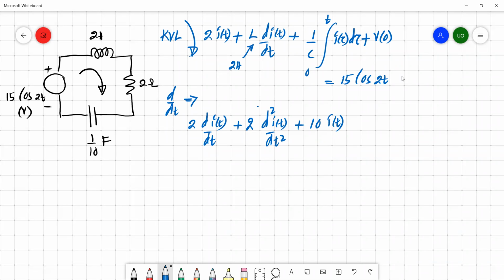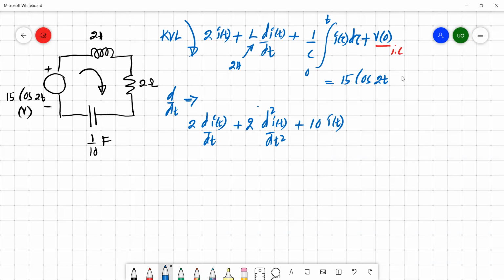If you differentiate this integral, you can just replace it with i(t). Then V0 is a constant, which is actually the initial condition of the circuit. So once you differentiate with respect to t, it would be 0.